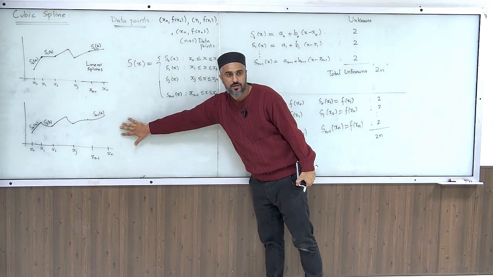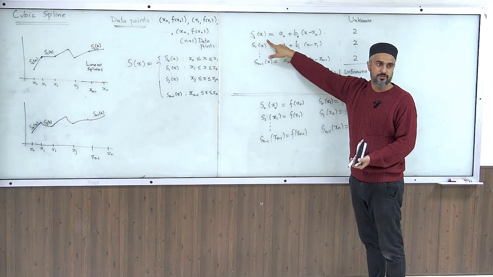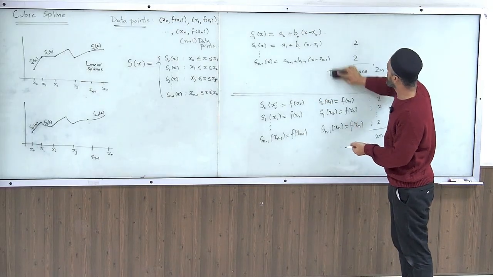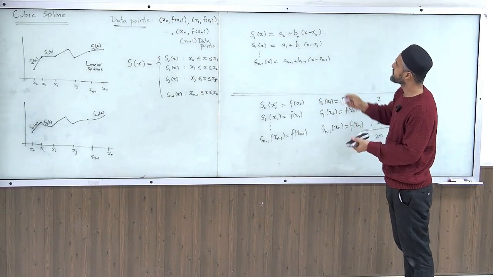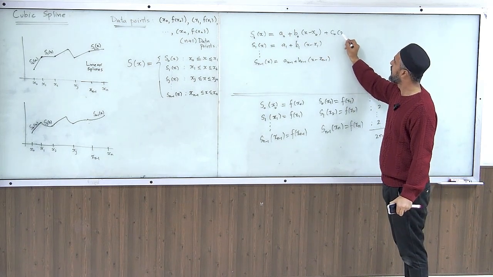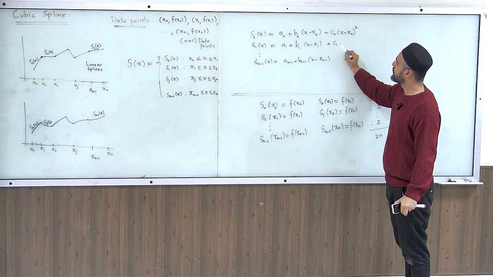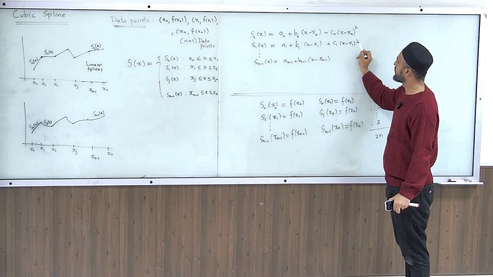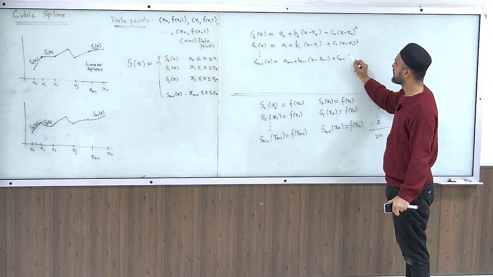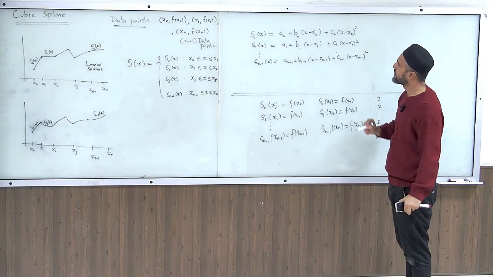So this equation will change to the quadratic degree. If I now write another term, which is c0 (x minus x0) squared plus c1 (x minus x1) squared, and c(n-1) (x minus x(n-1)) squared.